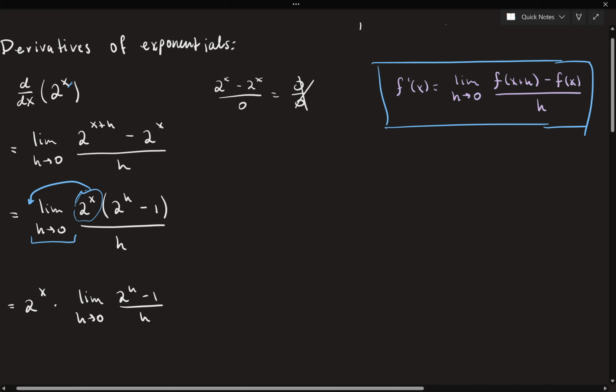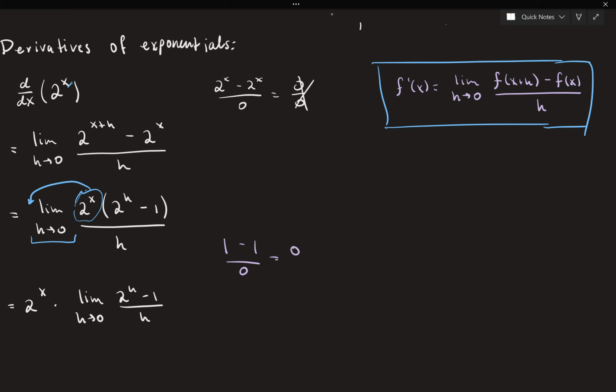Okay, so this limit still is kind of bad news, because if I plug in h equals 0, 2 to the 0 is 1 minus 1 over h, which is 0. I still get 0 over 0. So it's still bad news. That doesn't mean the limit does not exist, by the way. It still exists. But this is not the important part that I want you to notice. The important part is that I took the derivative of a function and I got back the original function just times some number.